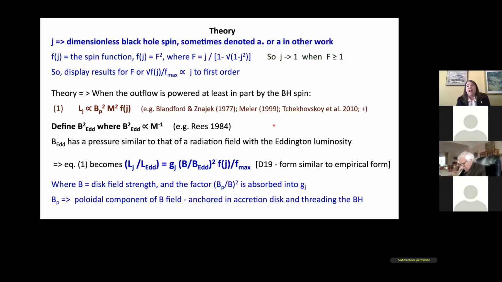And in a lot of the numerical work, this is the main representation for the beam power relative to the properties of the black hole and the accretion disk. So the function f(j) describes the input from the spin function to the beam power. The black hole mass enters as black hole mass squared, and this is the poloidal component of the magnetic field that is anchored in the disk and is threading the black hole.